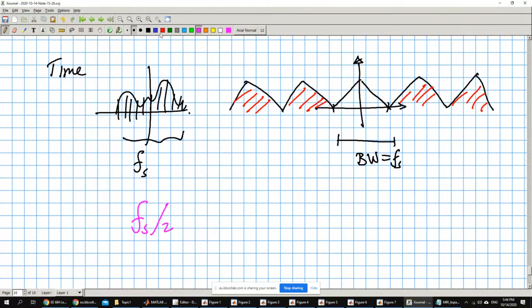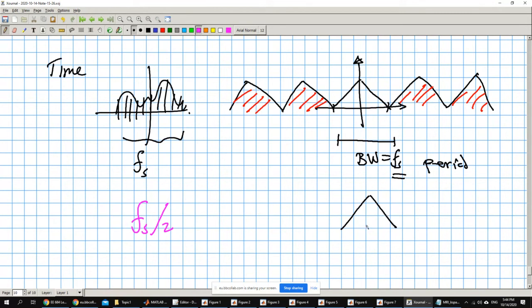In this case, when you start with a signal that has a frequency domain that looks like this, Fs is the period of the periodic extensions here. So if I have Fs over 2, these periods will not start from here.